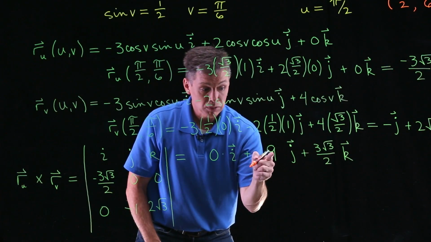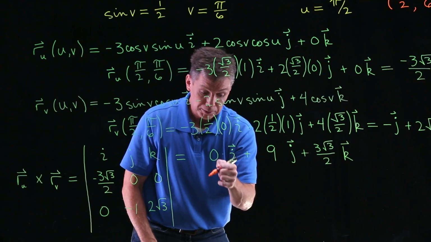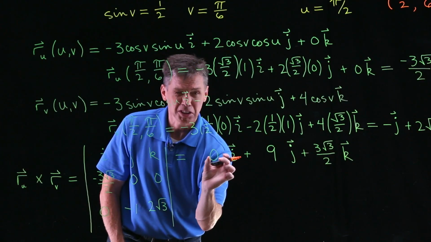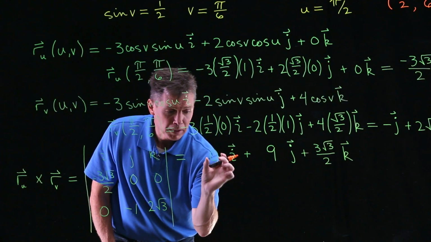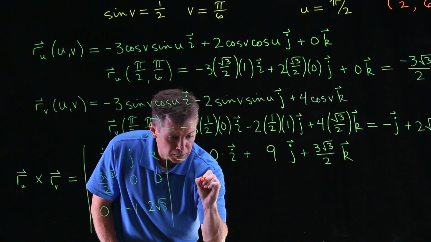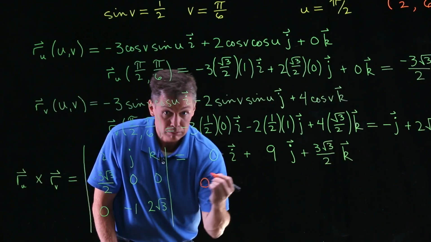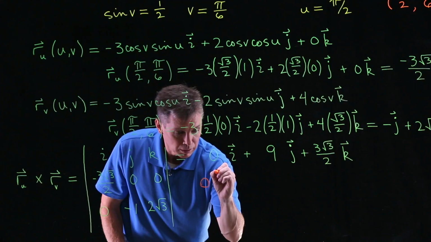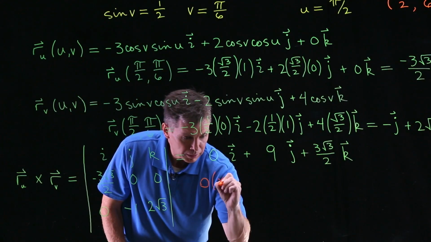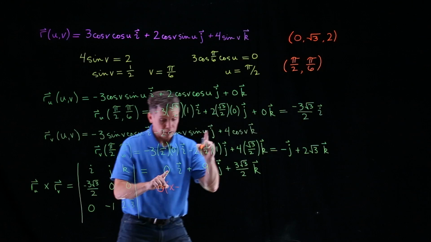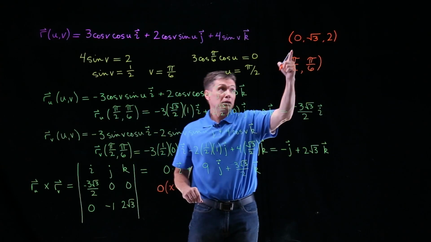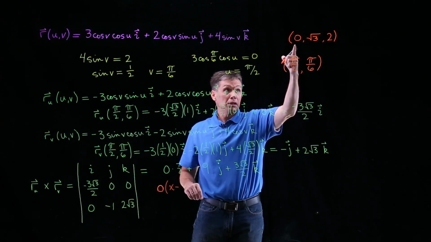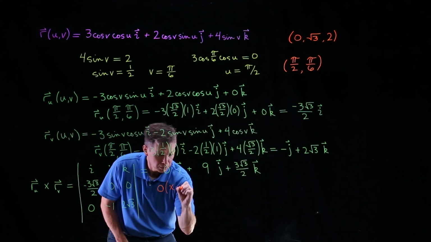So the way we use this normal vector is by looking at the coefficient, or component, that's 0 for the i vector, the i direction. And you multiply that by x minus, and I got to go up here all the way to the original x, y, z, and the x right there is 0.